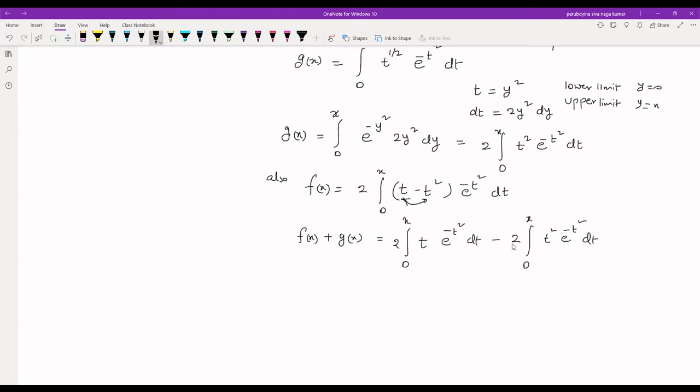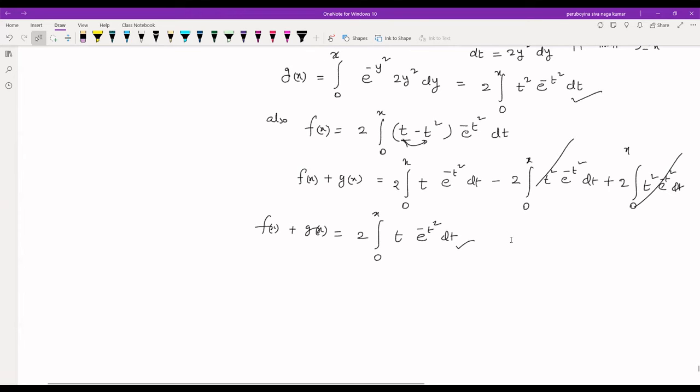And then also we have to add the value g of x. So g of x, look at this value, 2 into the integral from 0 to x of t square into e power minus t square dt. Of course, these two terms got cancelled. Therefore, f of x plus g of x is now 2 times the integral from 0 to x of t into e power minus t square dt. Now we have to solve this integral.